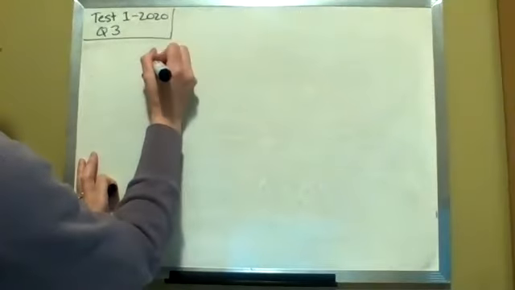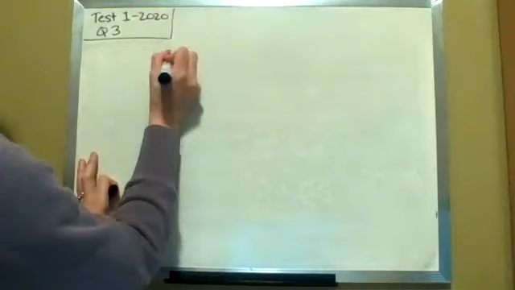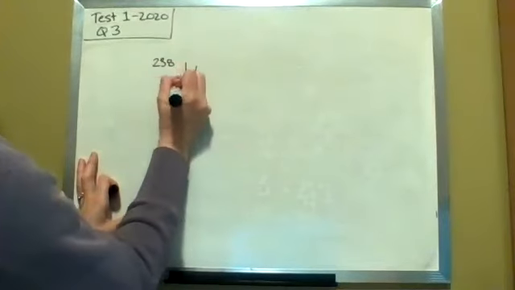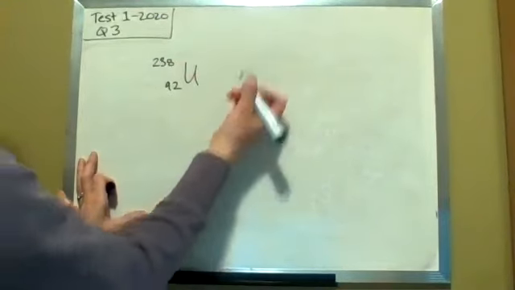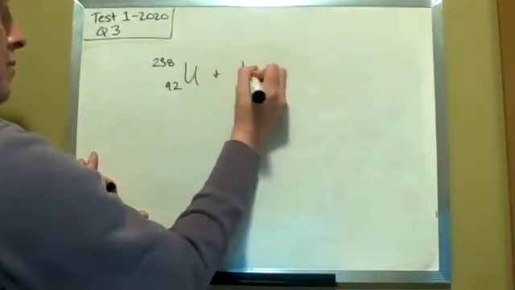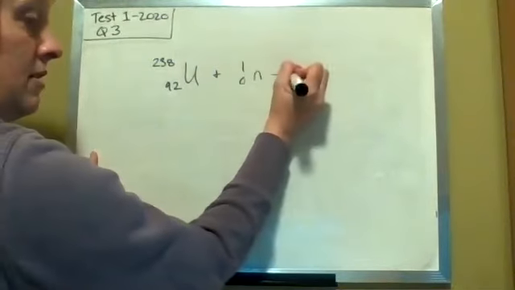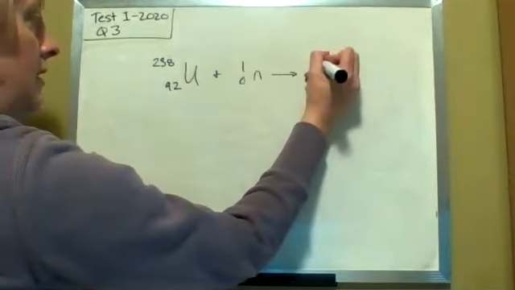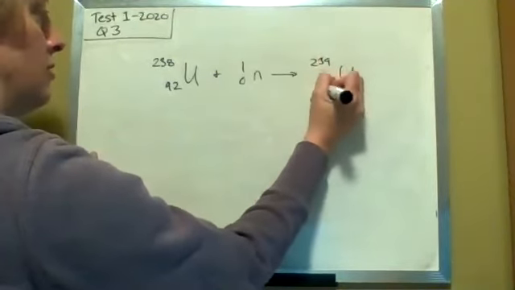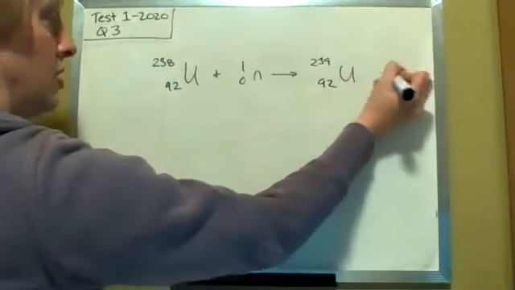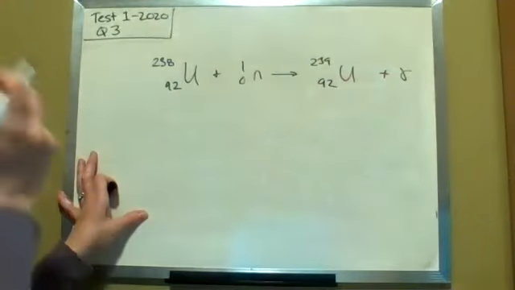So our uranium-238, you have to find the elemental number, atomic number. You're bombarding it with neutrons. You're generating uranium-239. And sure, we get some gamma kicked out of there.